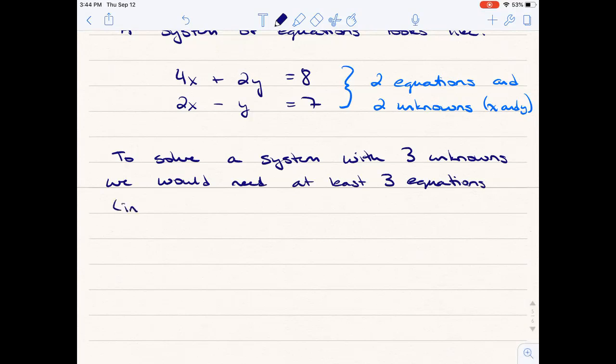Put in brackets, independent equations. Doesn't really matter for our purposes, but I can't give you false information.